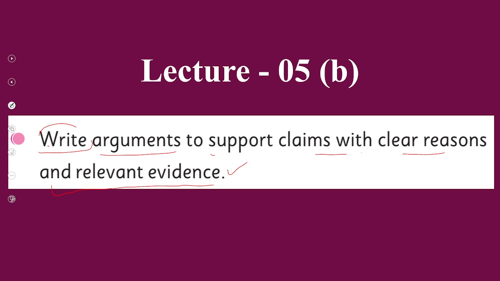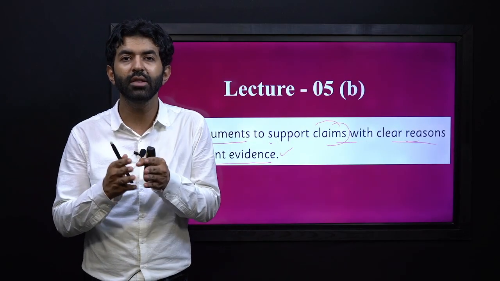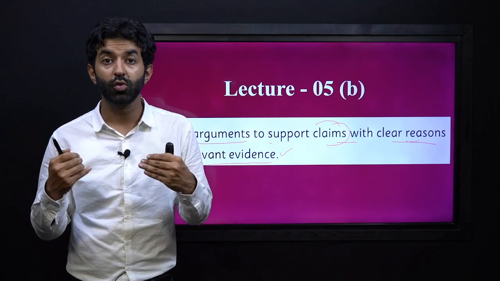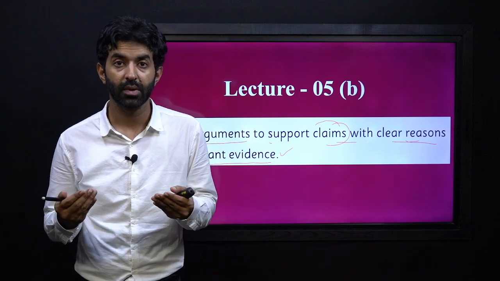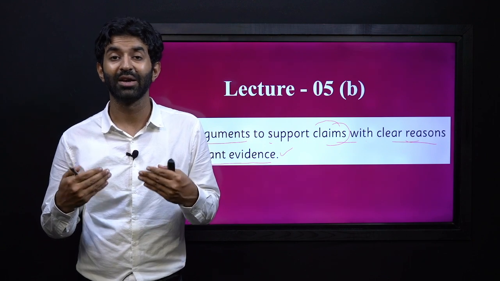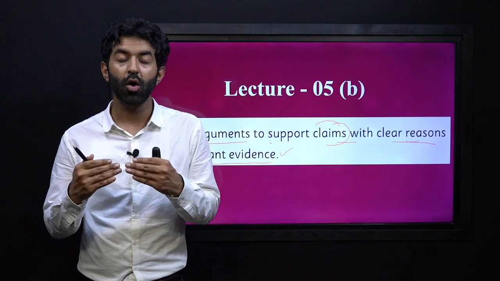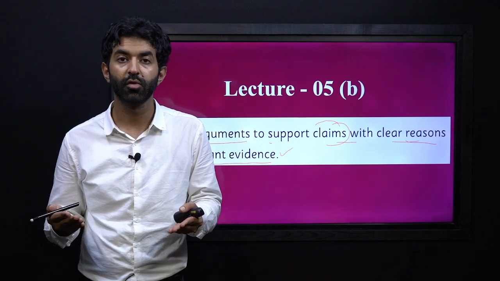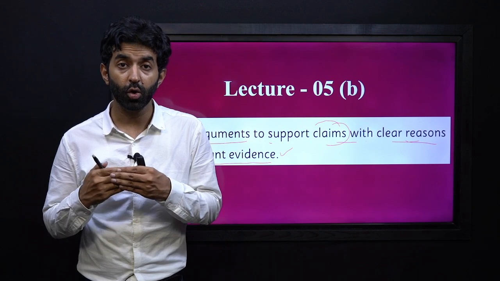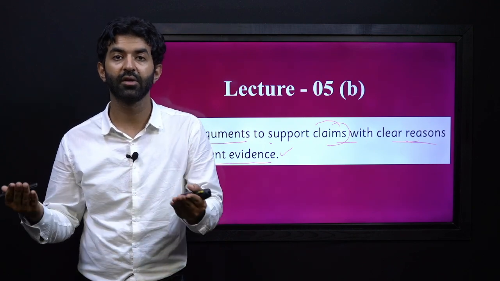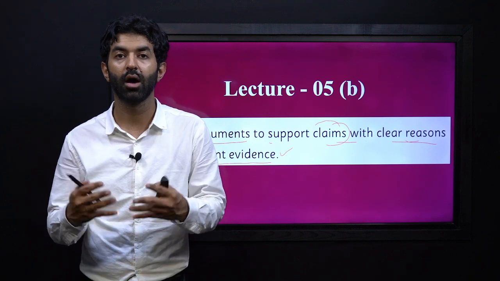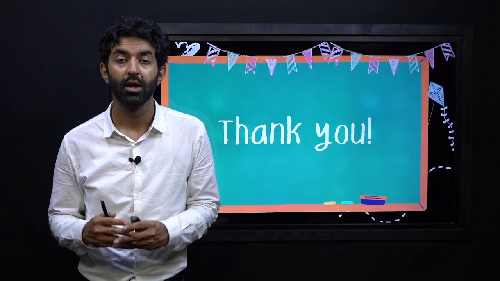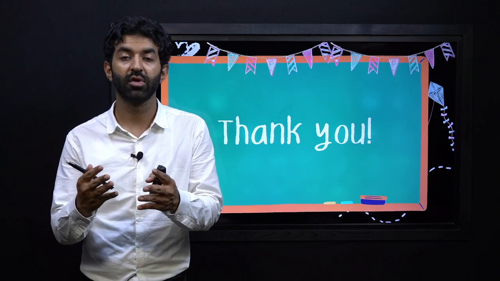Now, in argumentative writing, students, we have claims and reasons, we have arguments, counter-arguments, counterclaims, and all these terms that you need to know as a writer of argumentative writing, and how you can present the arguments before the readers, not only yours but of the other side as well, and how we can take forward our argumentative writing. These are all the students' learning outcomes that we will be covering.